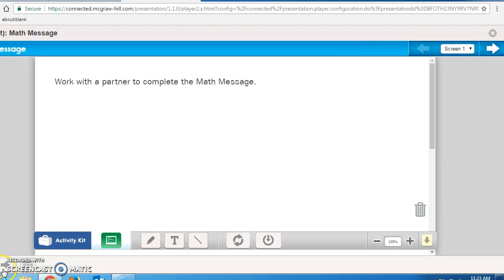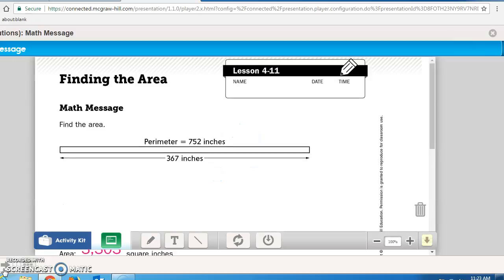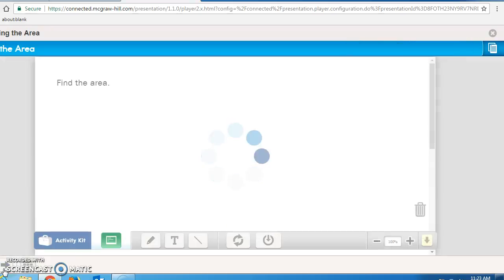So, work with a partner to finish the Math Masters page 174 and find the area using those numbers that I just gave you. So pause the recording now and please do that for me.